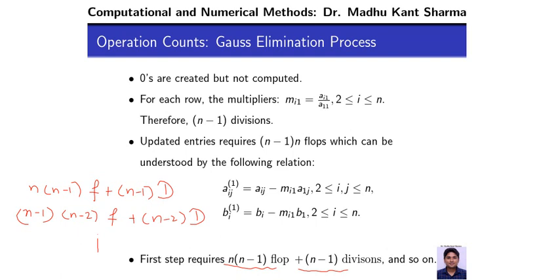To make it clearer, the first step has n into n minus 1 flops plus n minus 1 divisions, which equals n square minus n flops plus n minus 1 divisions. That's the first step.